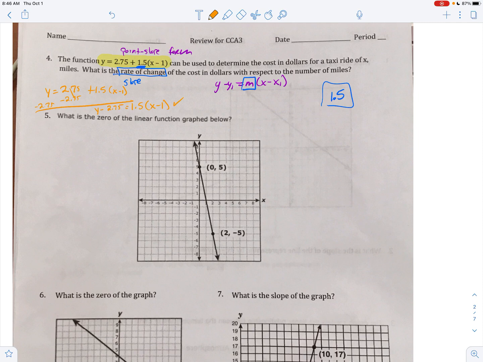And now it looks like point slope form. But even still, the 1.5 is in that slope spot, right? So that's why we say 1.5 is the slope.